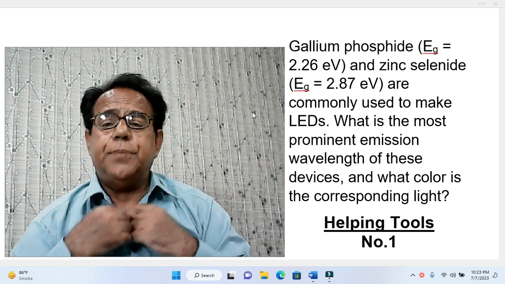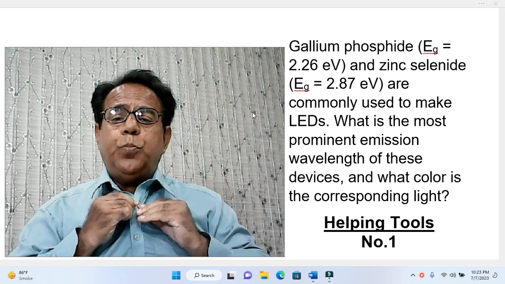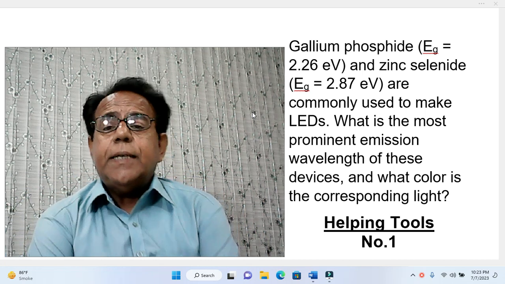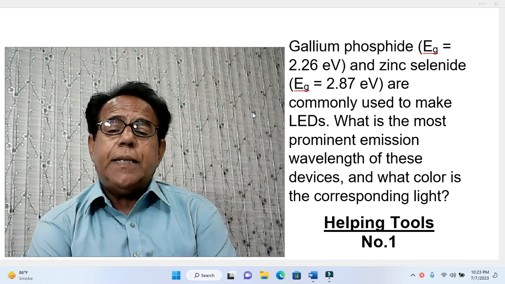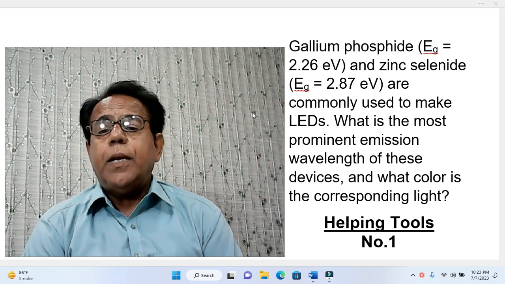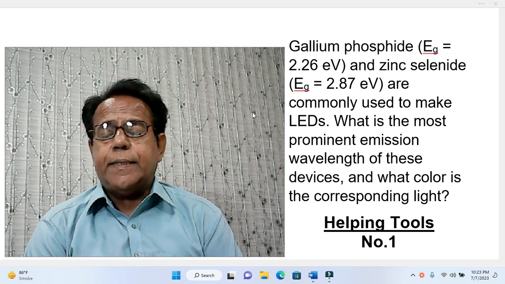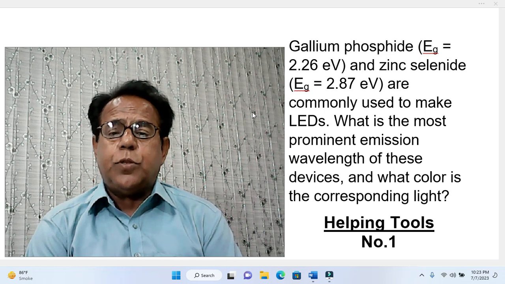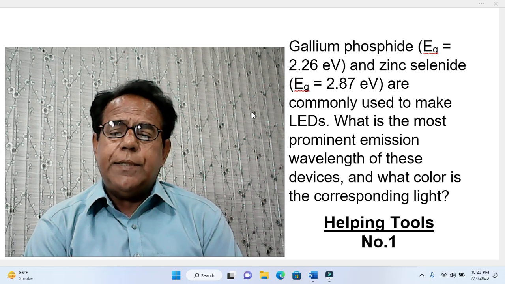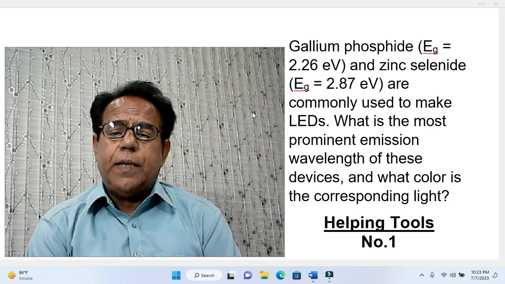Gallium phosphide, energy gap equal to 2.26 electron volt, and zinc selenide, energy gap equal to 2.87 electron volt, are commonly used to make LEDs, that is light emitting diodes. What is the most prominent emission wavelength of these devices and what color is the corresponding light?